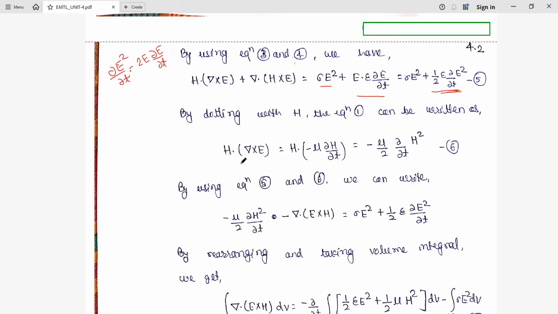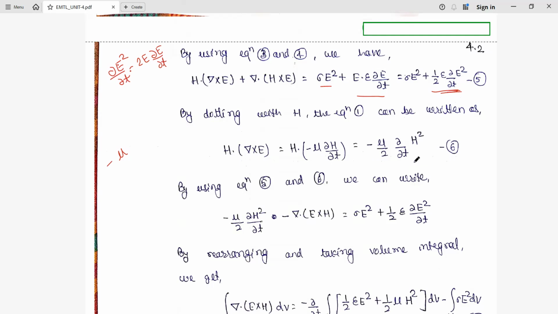So we have H dot del cross E equal to H dot minus mu dou E by dou T. Okay. So finally it can be written, after rearrangement, as minus mu.